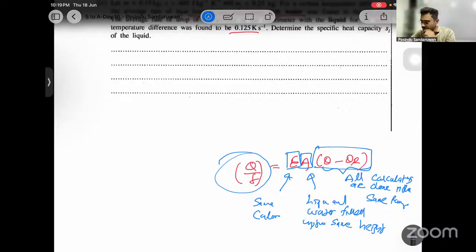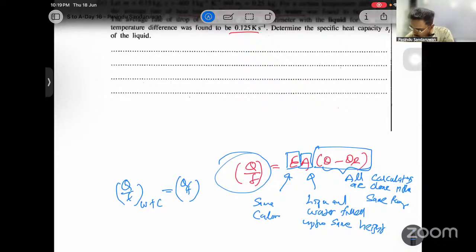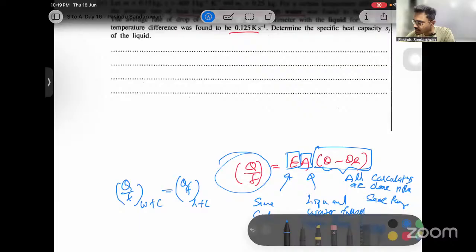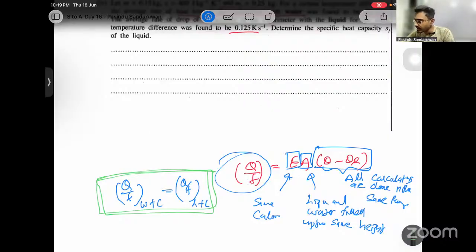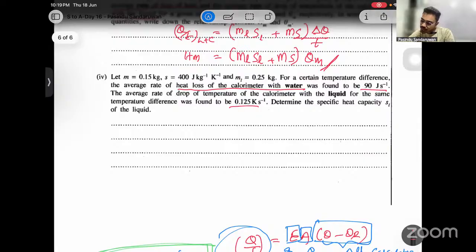Simply, Q over T of water with calorimeter equals Q over T of liquid with calorimeter. This is the logic we will be using here. Let's apply it here.